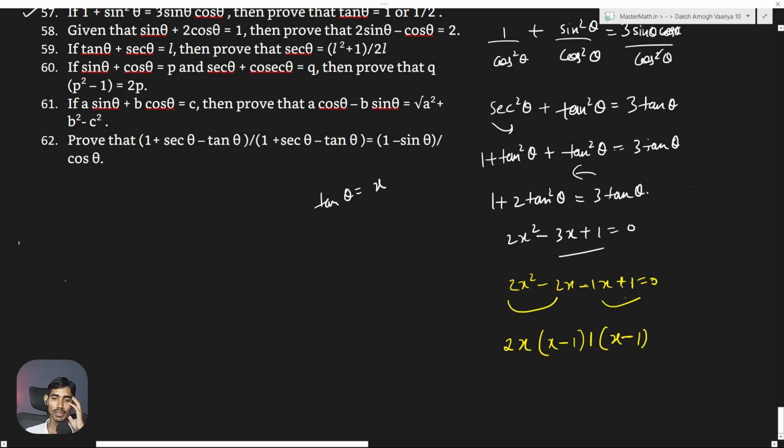Okay. Here it was plus, and how did you get minus here? Suddenly. Out of nowhere. So then you have x minus 1 here and x plus 1 here. It's not correct.